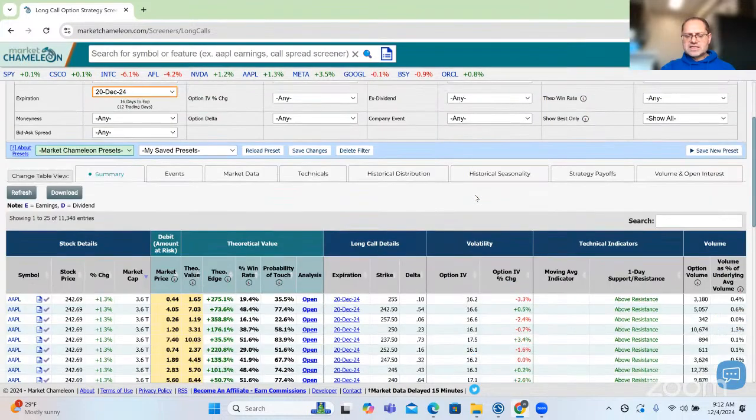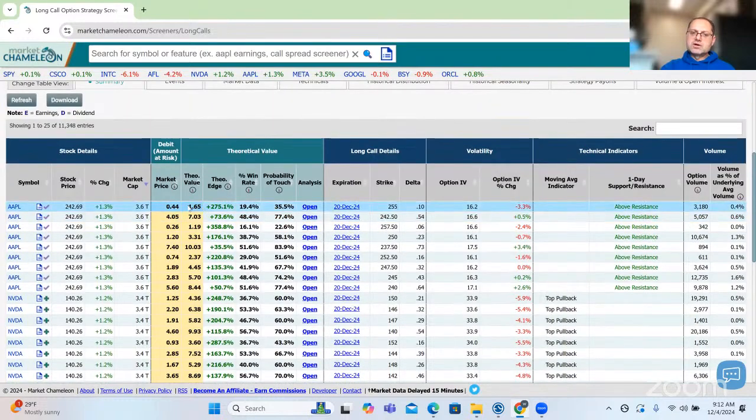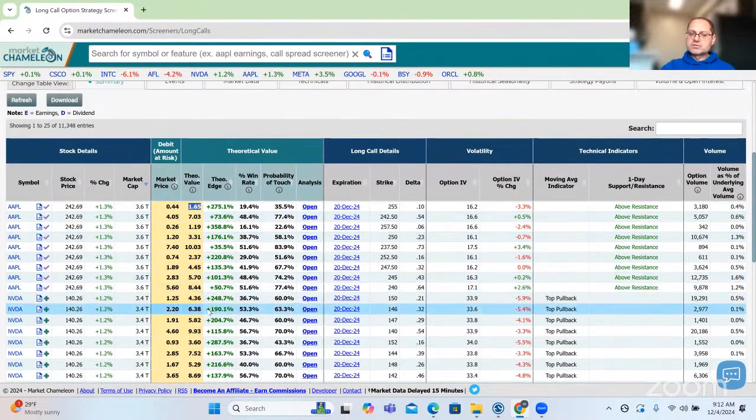Using 4 years of history, on average this option would be worth $1.65, meaning there are times it went up by a big enough percentage that the average was $1.65.